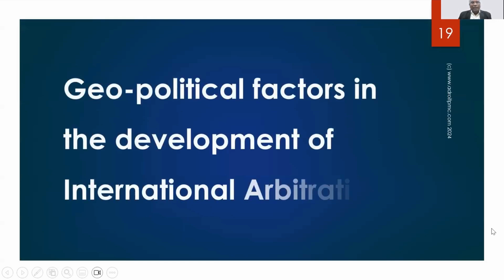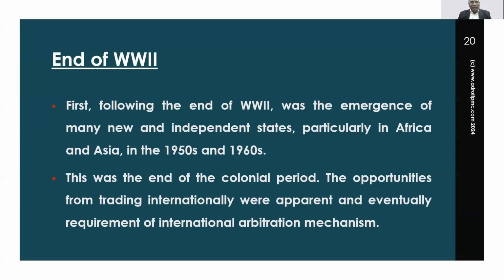And there are some geopolitical factors that we must also know, so that you will know how arbitration evolved politically and internationally. After the end of World War II, there was the emergence of many new and independent states, particularly in Africa and Asia. Once the countries became independent, trade and commerce flourished.